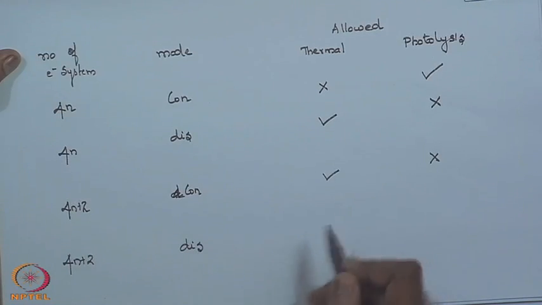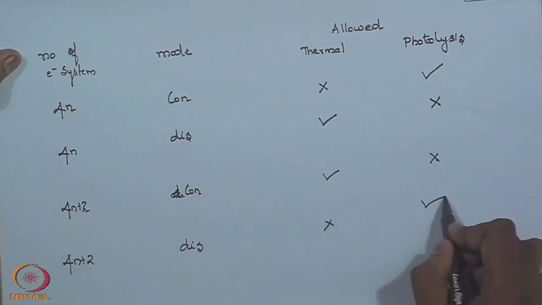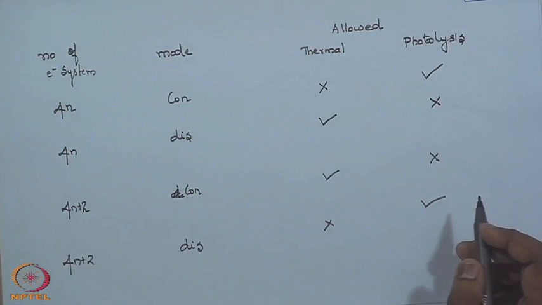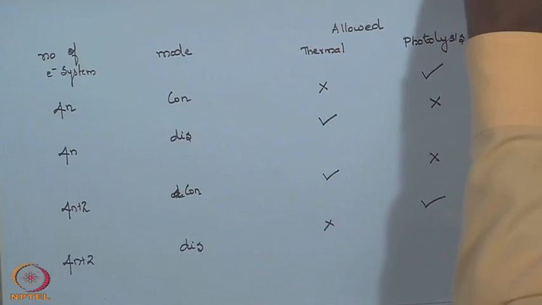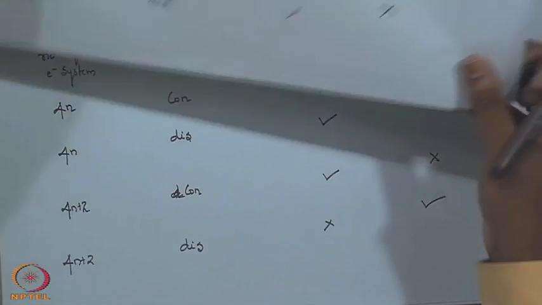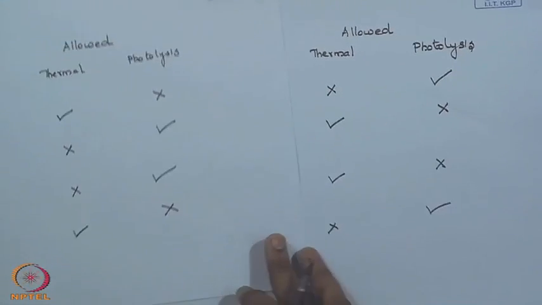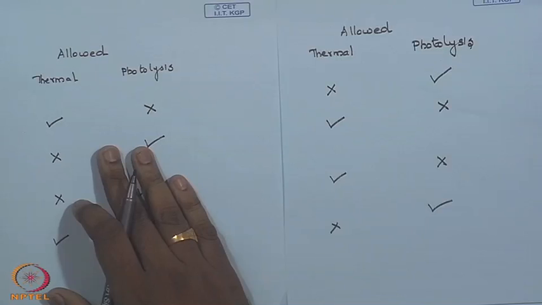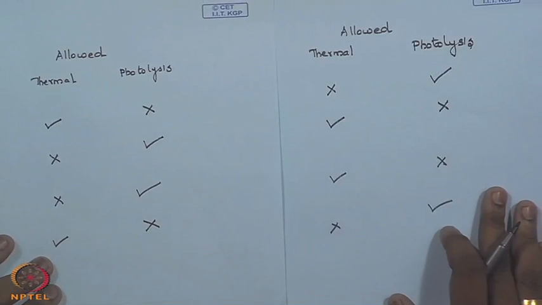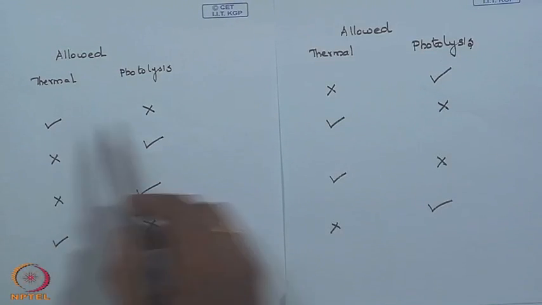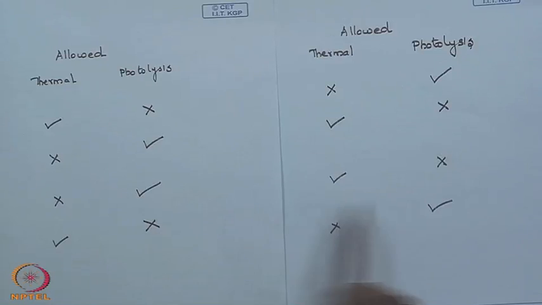See, I am just taking the earlier one for ring closure, and this is for ring opening. You see, they are exactly reverse. Fine. So, they are exactly reverse.